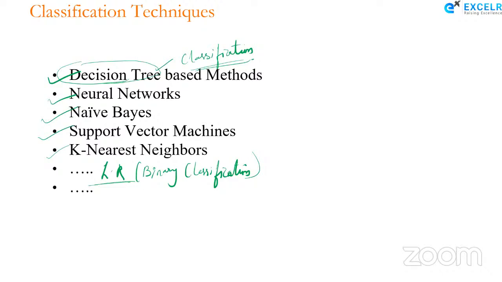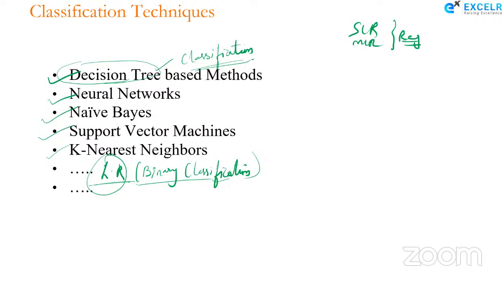Yeah, the majority of them can be used for both. Even decision trees can be used for both classification as well as regression. All right, Rohit. Many of the techniques are specific to regression or classification, such as simple linear regression and multiple linear regression, which can do only regression. Whereas logistic regression is majorly used for classification; it performs binary classification and can also perform multi-class classification.